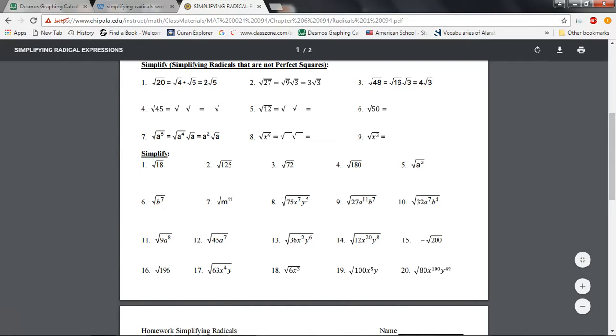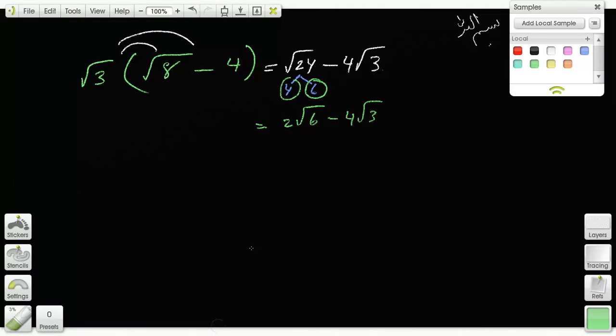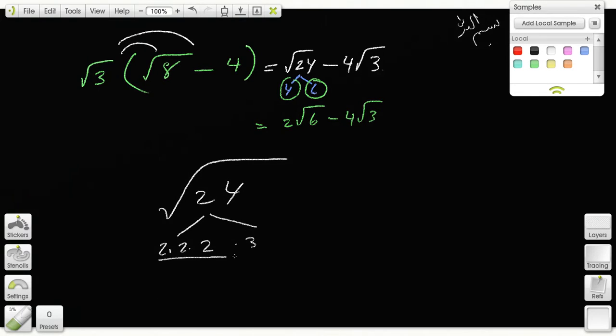When you said 8 times 3, how would you do that? This splits into 4, and then 4 factors out 2. Okay. So if you did this, look at this. Square root of 24 is 8 times 3, right? Another way of writing 8 is 2 times 2 times 2. And there's a 3 here. So these are all the factors, right? You can only take out a peanut butter jelly sandwich, 2 at a time, right?